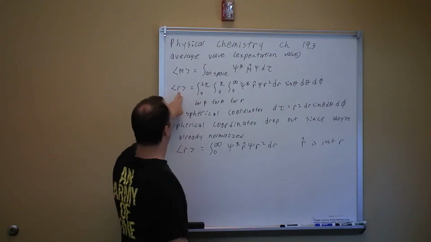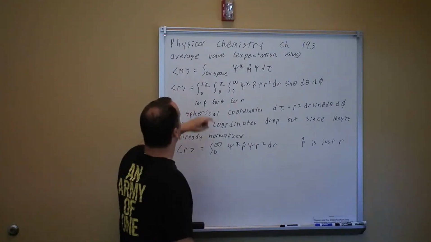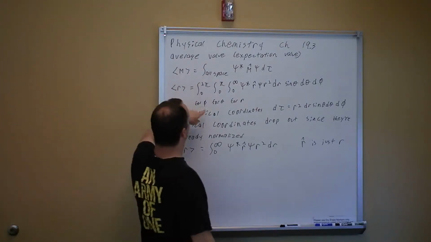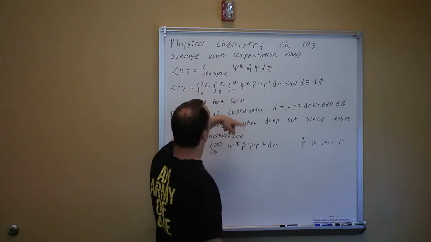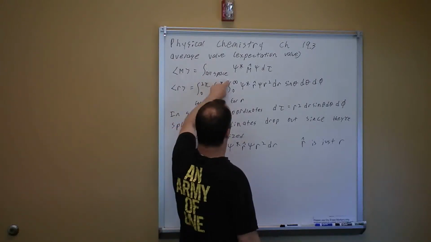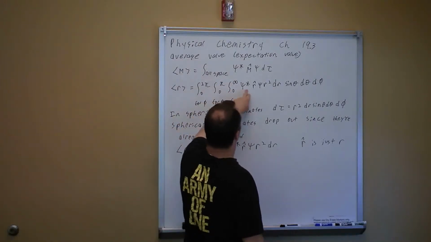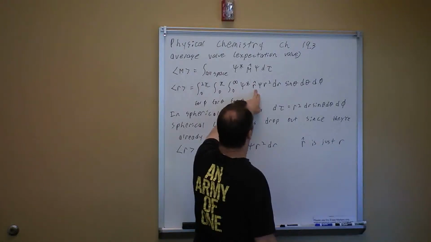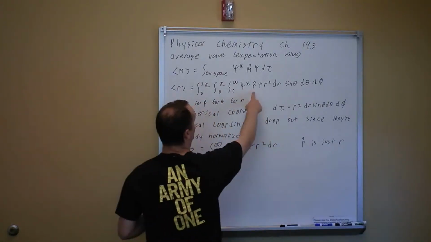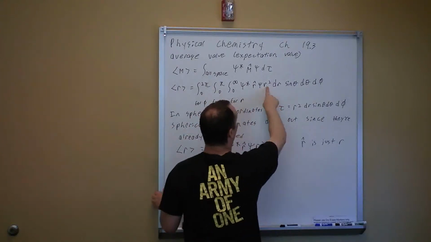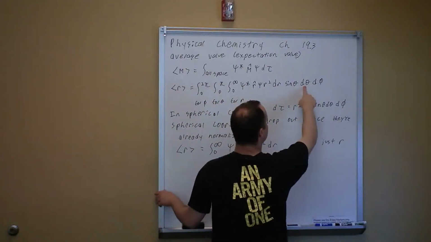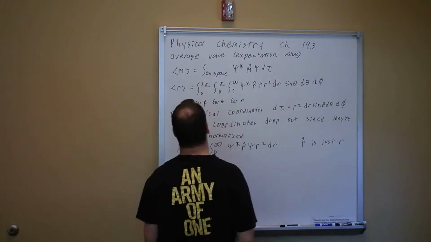So for, let's say, radius, the average value of r, we've got the integral from 0 to 2 pi for the phi angle, of the integral of 0 to pi for the theta angle, of the integral from 0 to infinity for radius, of psi star r hat, which is the operator for radius, of psi, times r squared dr sine theta d theta d phi.